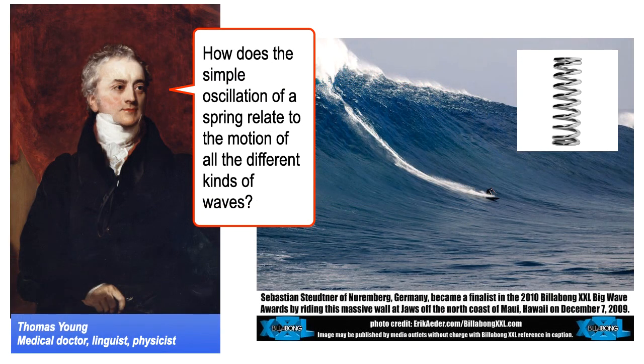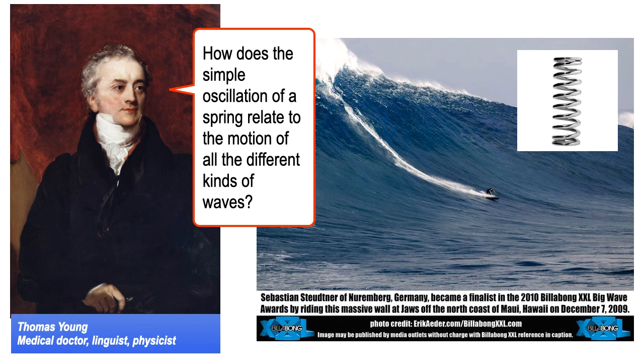here's a huge question. How does the simple oscillation of a spring, like the coil springs in your car, or the little spring in a pen that you click, relate to the motion of all the different kinds of waves that there are?